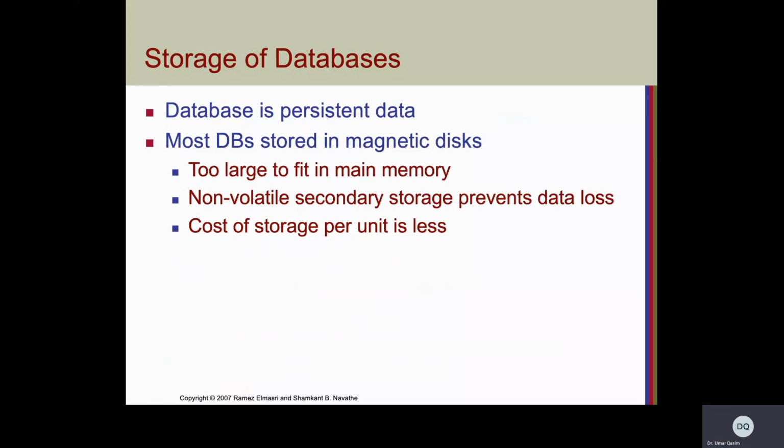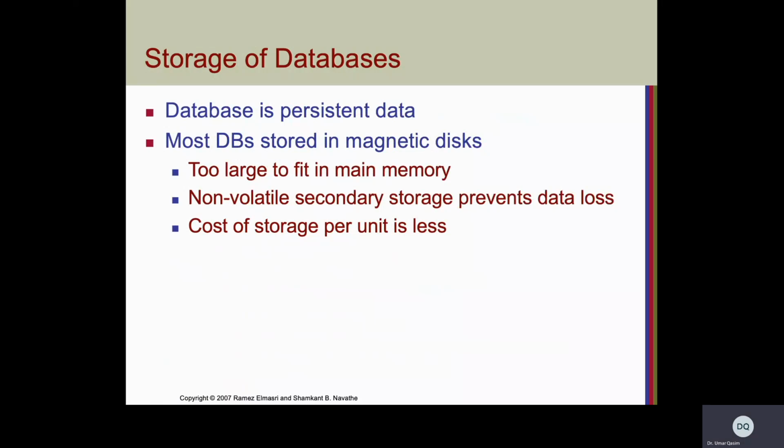Next time you go there, your data comes from that hard disk, and you can manipulate it in the memory, and then it gets updated or deleted. This non-volatile nature of secondary storage prevents data loss, because if anything happens with electricity or your computer shuts down, you have a copy on your hard disk.